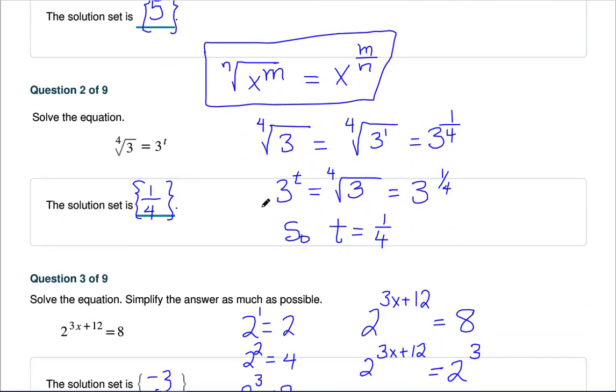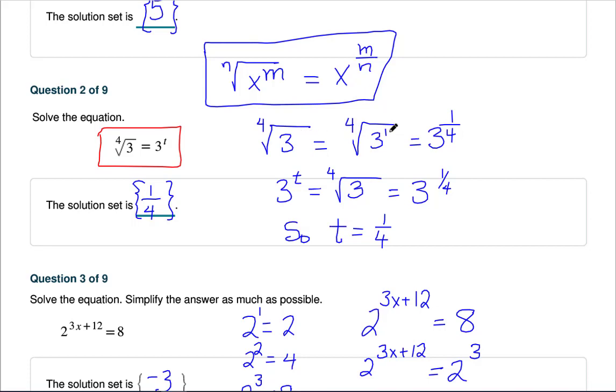In question 2, the secret is, again, we have to remember the formula from exponents. The nth root of x to a power is writable as a fractional exponent, x to the m over n. So this fourth root of 3, you might say, where is this m thing on the inside?